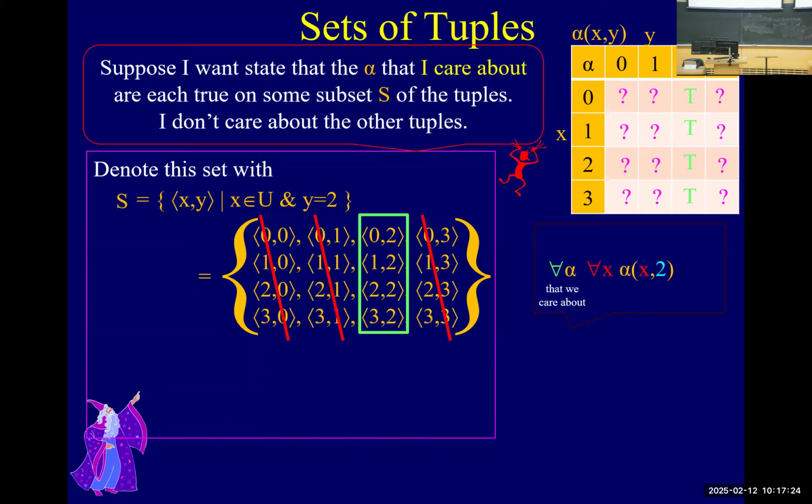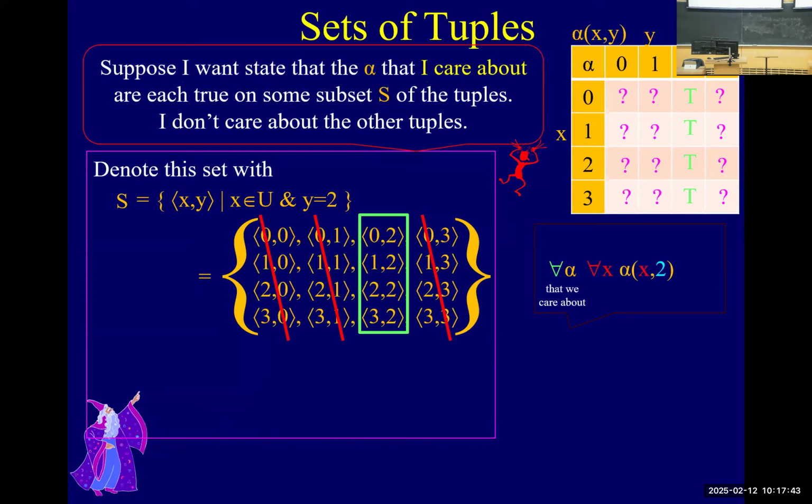Now, we're going to want to say things about alpha. So one thing I might want to say is, look at that column where y is 2. I want to claim everything in that column is true, but I want to say nothing about things outside of that column.